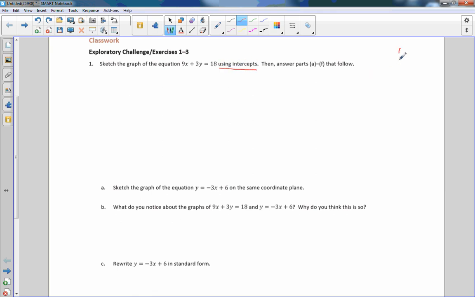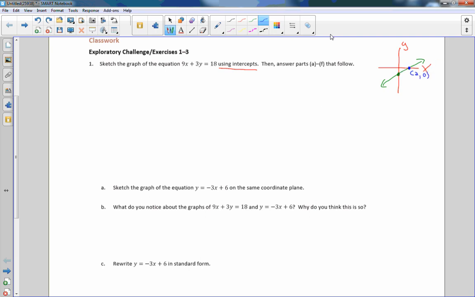Now remember, if I have a graph, and this is the x-axis and this is the y-axis, and I have a line that crosses both of them, then the y-intercept is here, and the x-intercept is here. If it is an x-intercept, say if that were 2, then this would be the point (2, 0).